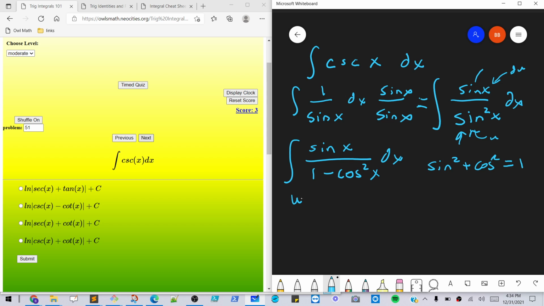I'll make u equal to cosine of x, and therefore du is going to be minus sine of x. Let's put a minus sign there and a minus sign there, just so that this will work out nicely. And then we end up with 1 minus u squared. We already got our du. We got our minus sign up front.